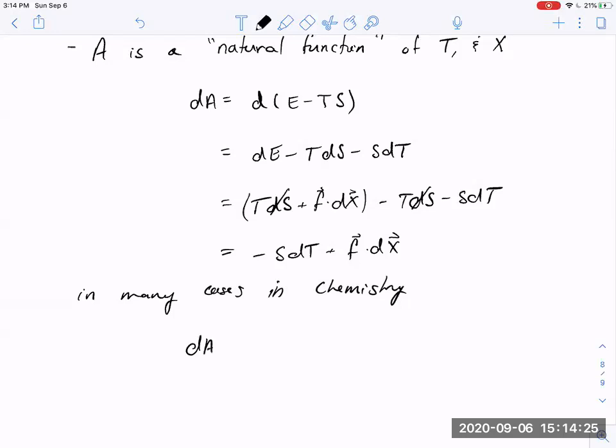So a useful way of writing down the Helmholtz free energy in such instances would be to define those works explicitly and say that changes in the Helmholtz free energy dA are equal to minus S dT minus P dV, a work term by change in the volume, plus mu dN, the chemical work term for changing the number of particles in the system.